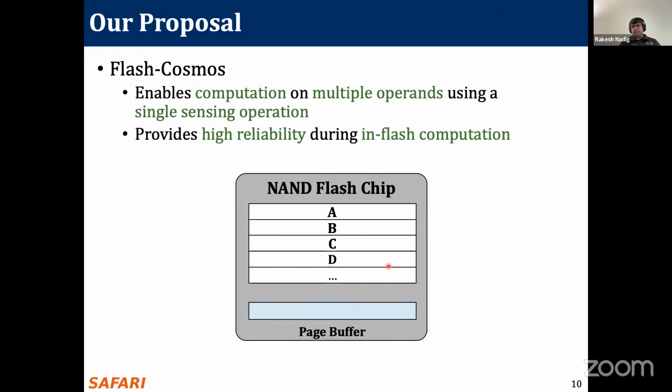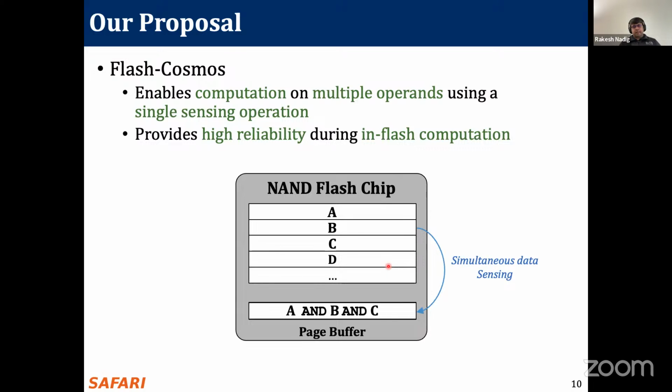If we see the same representation of a flash chip, the operands are stored in many flash pages. With Flash Cosmos, the result of the bitwise operation happens in a single read operation, and you would get the result of the bitwise AND of multiple operands at the same time.